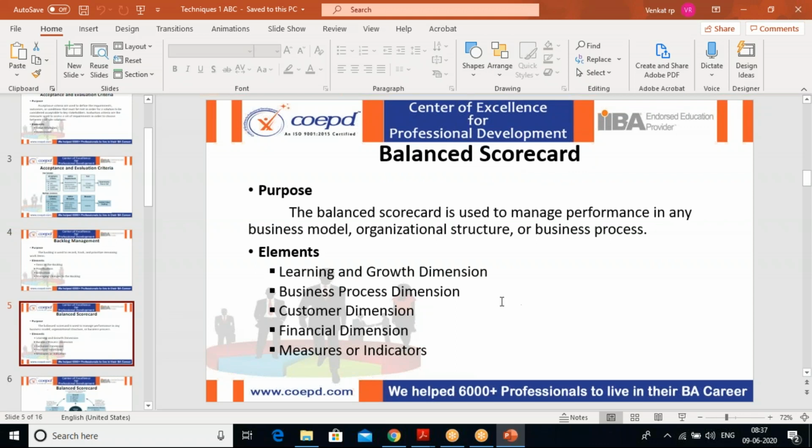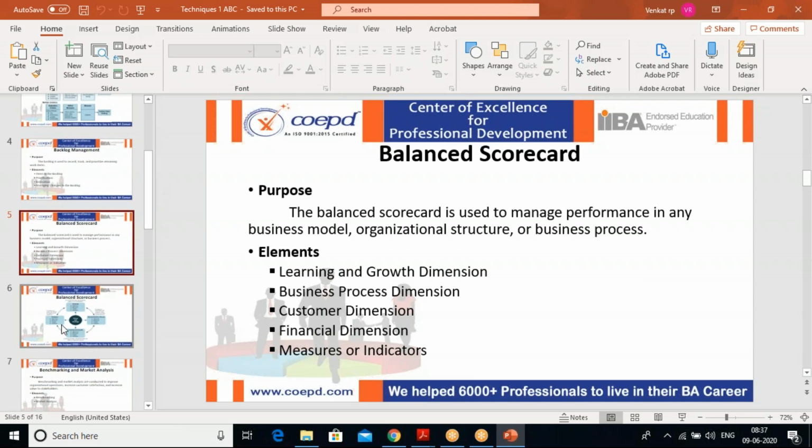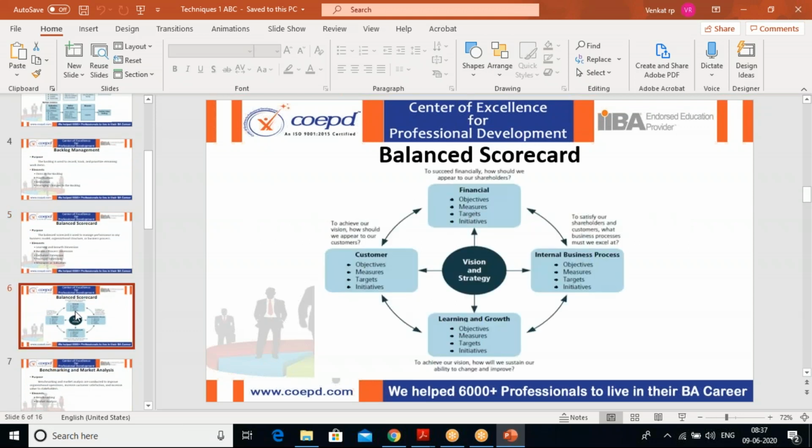Okay. And balanced scorecard. Balanced scorecard means for you to have your business up and running, you should ensure that all the dimensions of your business are given balance. Let me take this example.